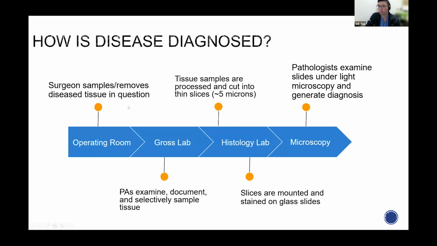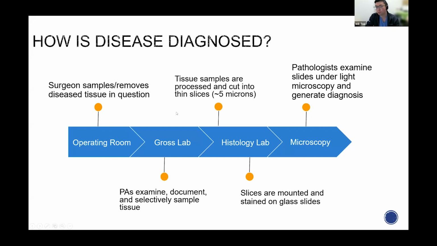The first part of the pathology lab the specimen ends up in is what we call the gross room. The gross room is where the PAs mostly reside, where we will physically handle the tissue, examine it, document it, and selectively sample the tissue if it's a larger piece.